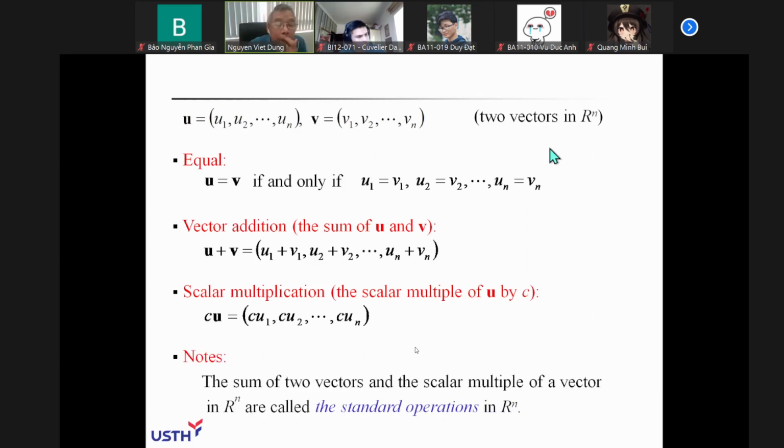Then we have two operations defined here, and those operations are named the standard operations in R^n. That is the sum of two vectors and the scalar multiple of a vector. By standard we mean we have a non-standard operation. By the end of today, you are going to see it.